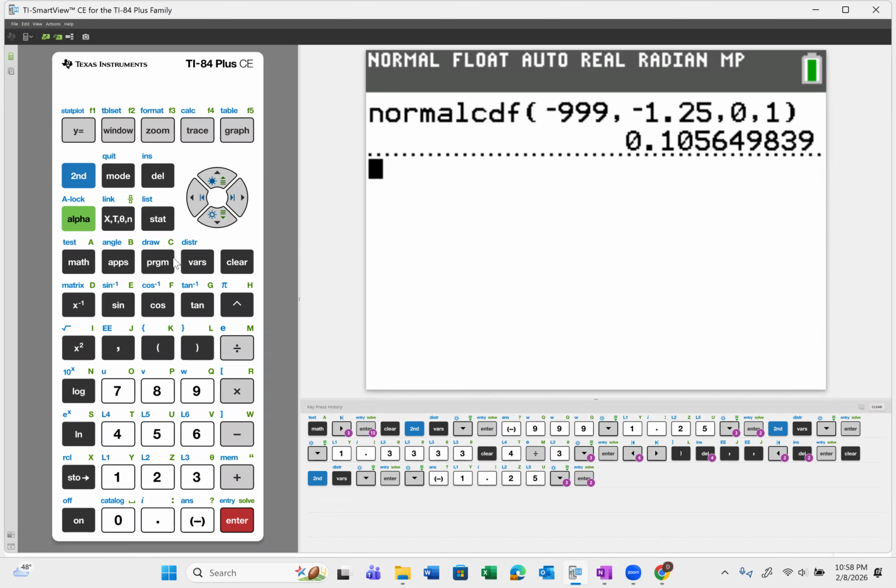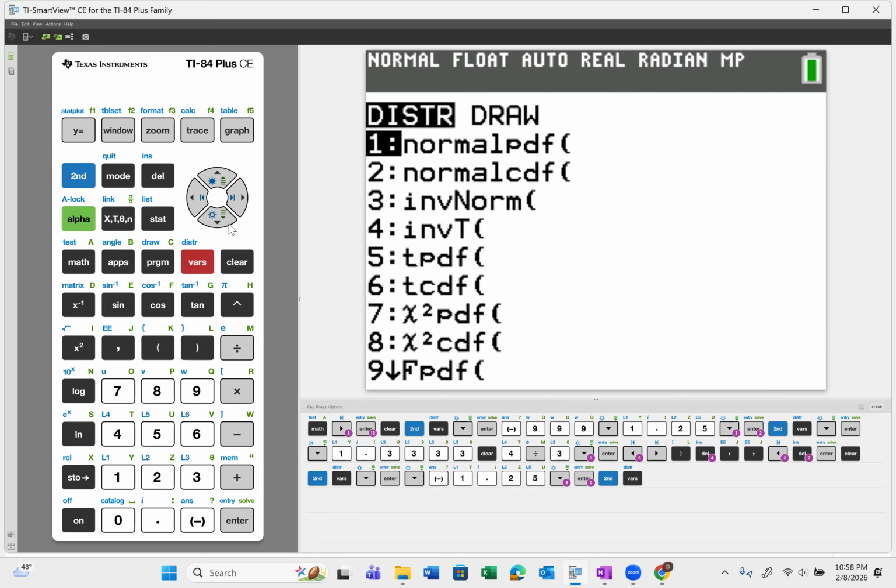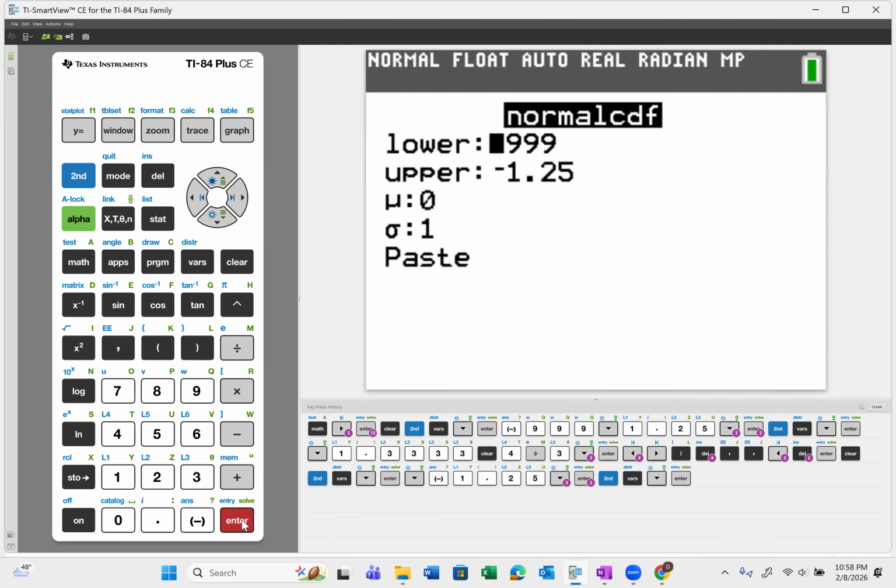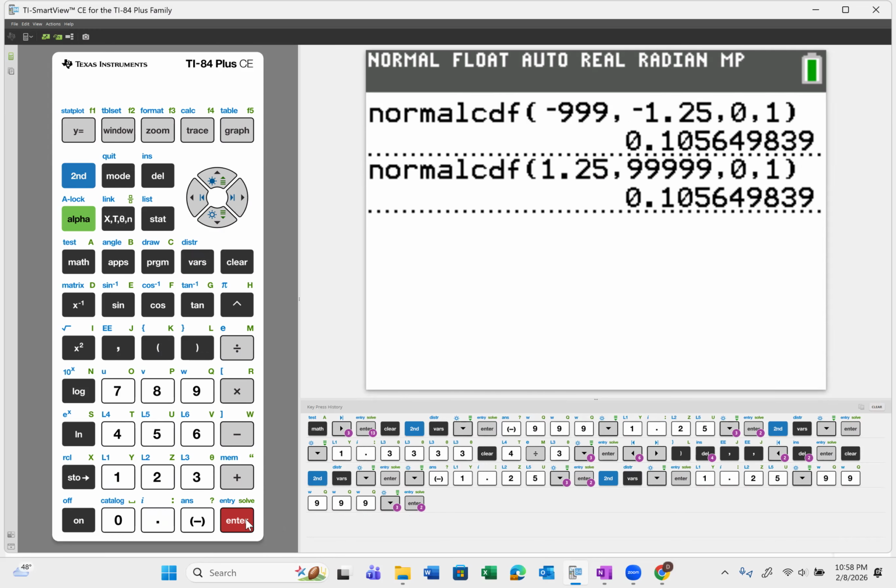I think it should turn out to be, just because the distribution is nice and symmetric, I think this is going to give us the exact same number. Normal CDF, I want to do from 1.25 to positive infinity. So I'm going to put in some nines there. Again, still mu 0 and sigma equal to 1. And it does give us the exact same value because I chose nice and symmetric values.